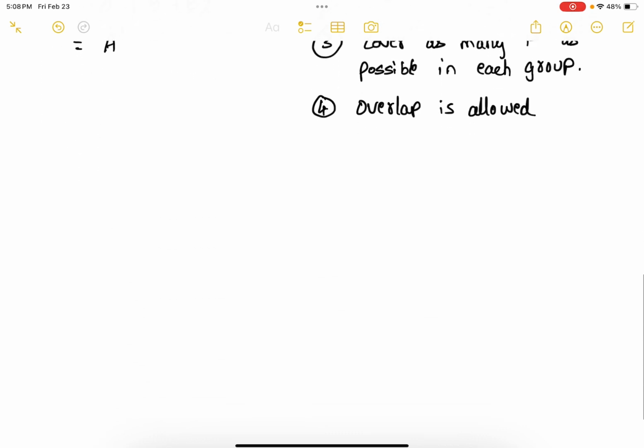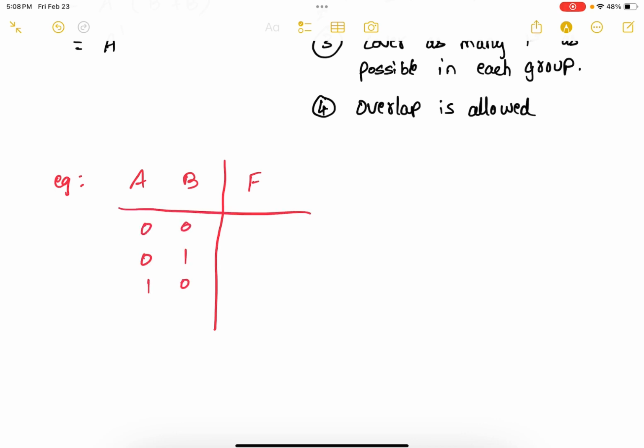Let's take one more example to better understand this. Now my truth table is as follows. We have 0, 0, 0, 1, 1, 0, 1, 1, and F is 1, 1, 1, 0. Draw the K-map.